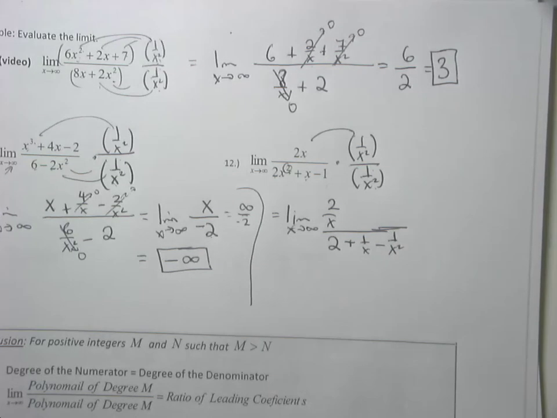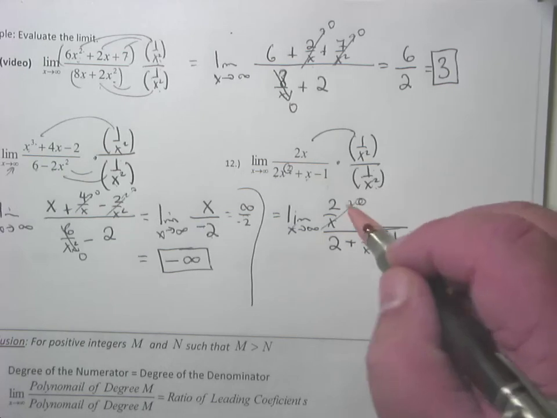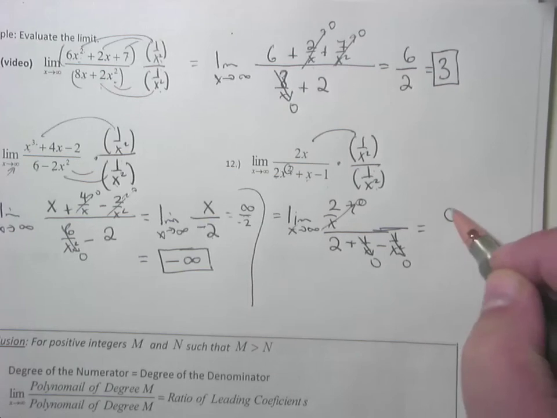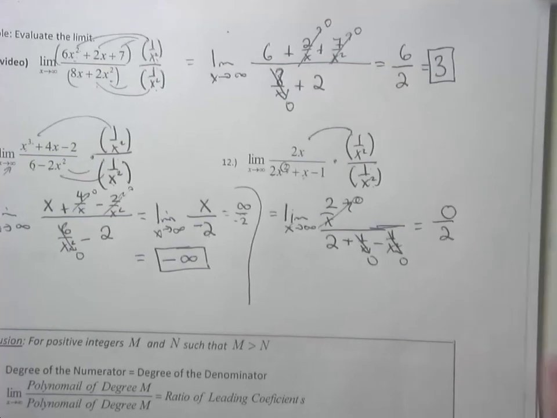Now, when I take my limit as x approaches infinity of the fractions where x is in the denominator, by our rule, these guys all go to 0. So what am I left with? This thing goes to 0. This term goes to 0. This one goes to 0. What am I left with? 0 divided by 2. And what is 0 divided by 2? 0.